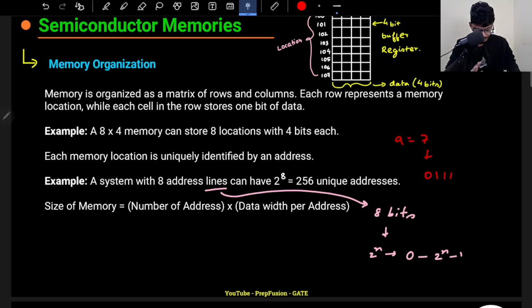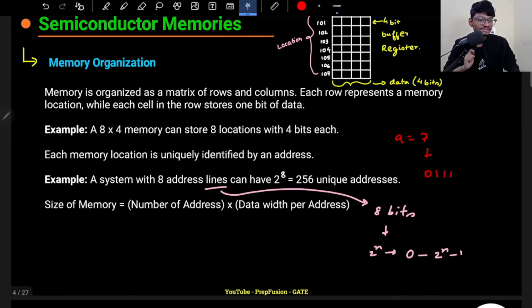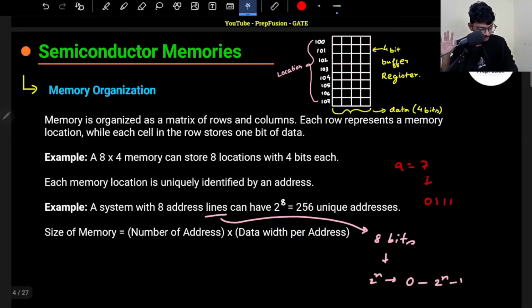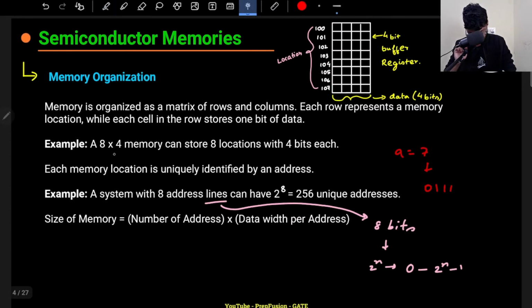It's very simple. Then what will be the size of memory? Size of memory is generally told in bytes; you can tell it in bits as well. Here, each location can store 4 bits of data, and I have 8 locations in total. So it is 8 into 4, which is written over here.